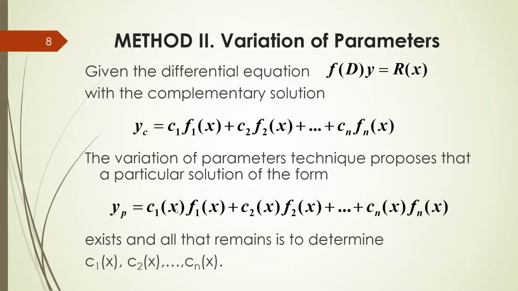Your particular solution would be a function of x times f1 of x, another function of x times f2 of x, and so on. So instead of just C1, C2, up to Cn, which are purely constants, you replace them with C1 of x, or, with me personally, instead of writing C1 of x, I write letter A, letter B, letter C, and so on.